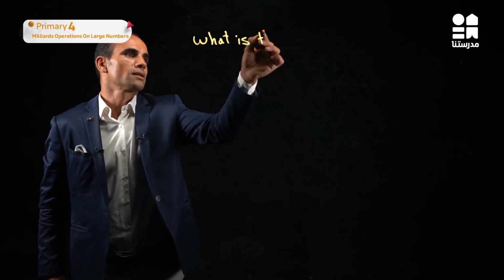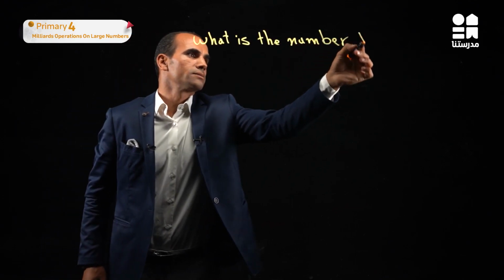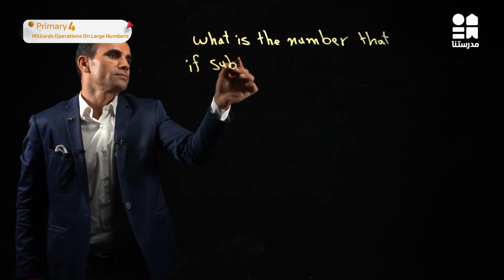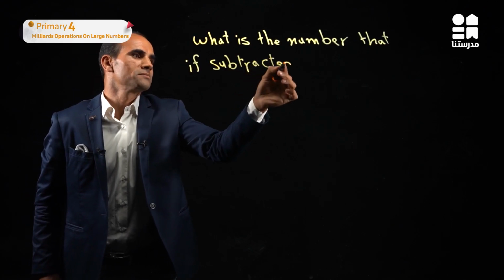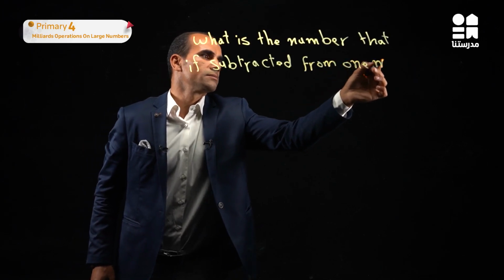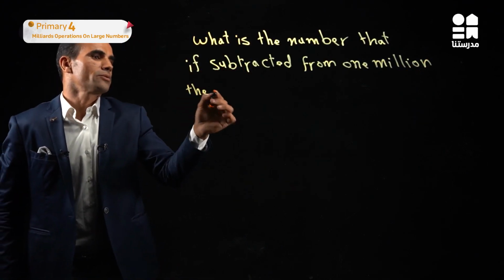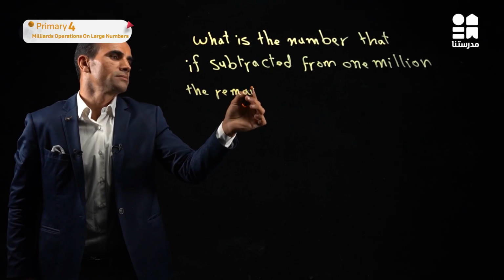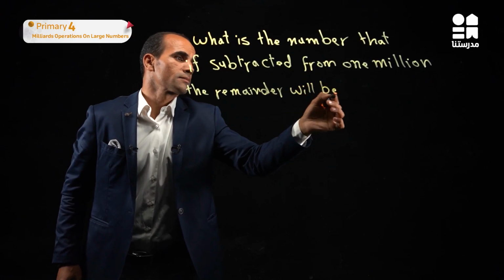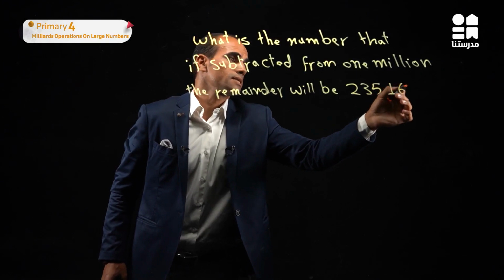What is the number that, if subtracted from 1,000,000, the remainder will be 235,167?